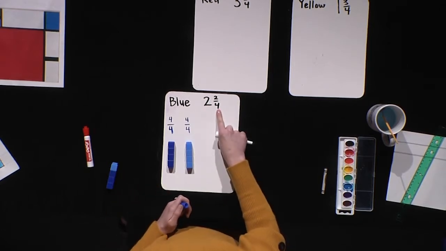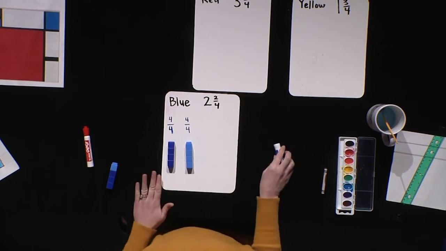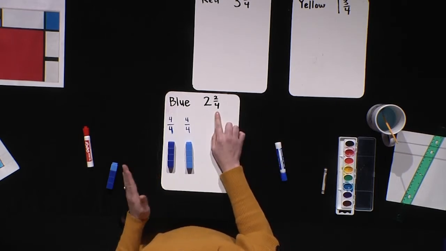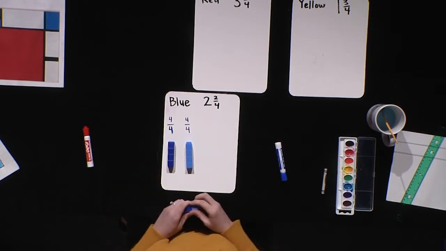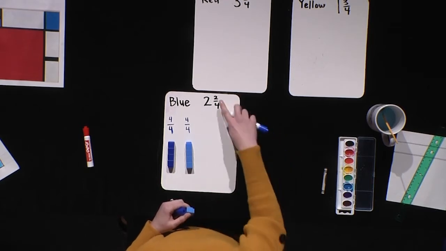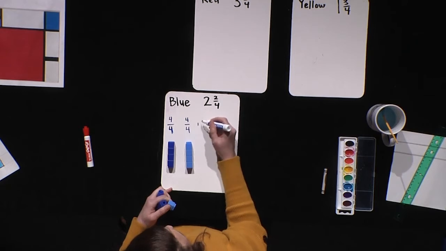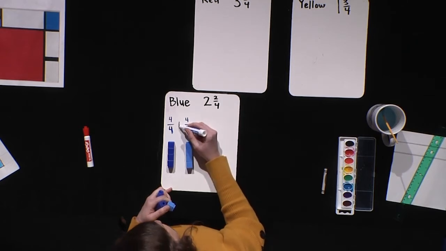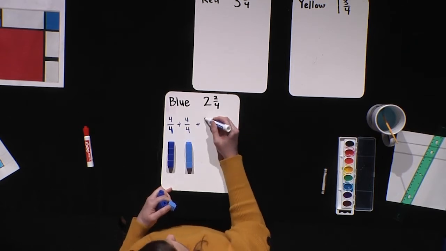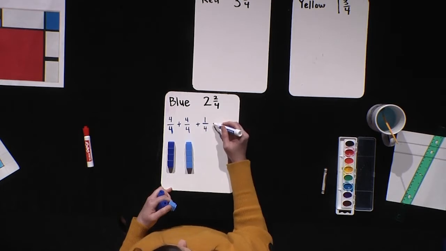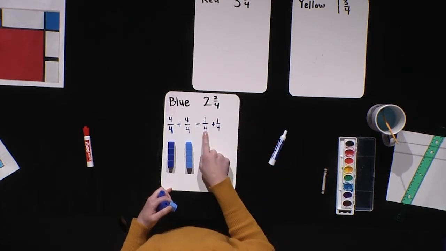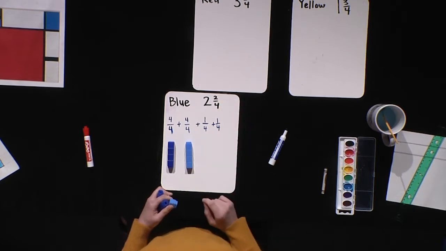Now I have my fraction that I have to work on because this mixed number is between the value of 2 and 3 on the number line. So I think my 2/4, I'm going to decide to decompose that a little bit more. So I'm going to put a plus sign. I think I'm going to go back and put a plus sign right here too. And I'm going to put 1/4 and then another 1/4 because I know that 1/4 plus 1/4 is going to give me my 2/4.